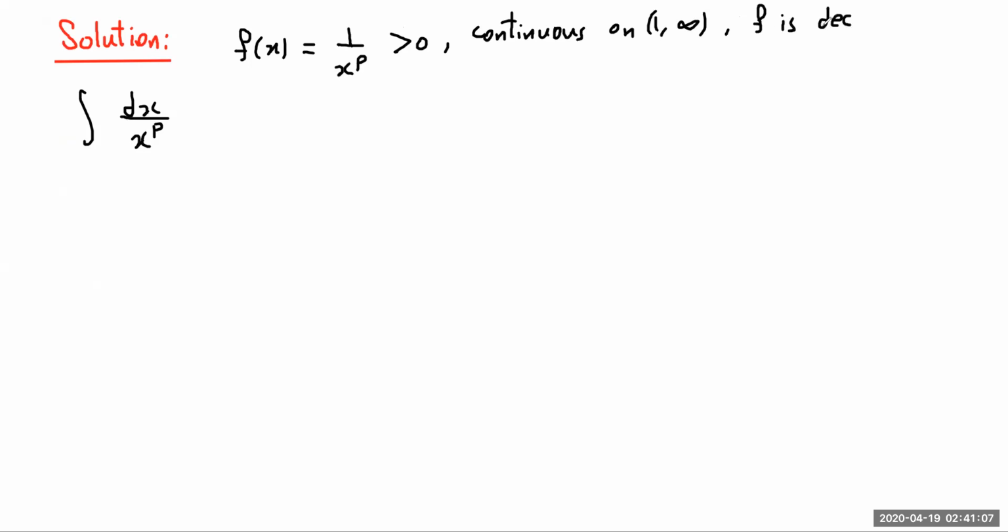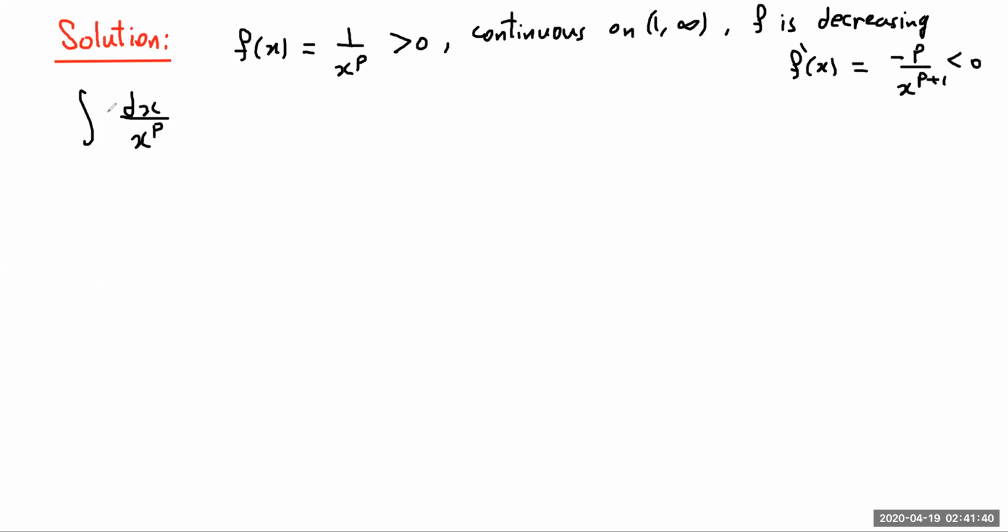You can take the derivative of f and find it negative. Why is it decreasing? Because f'(x) is negative. You can write x^(-b), so f'(x) is minus b over x^(b+1). So it's negative.